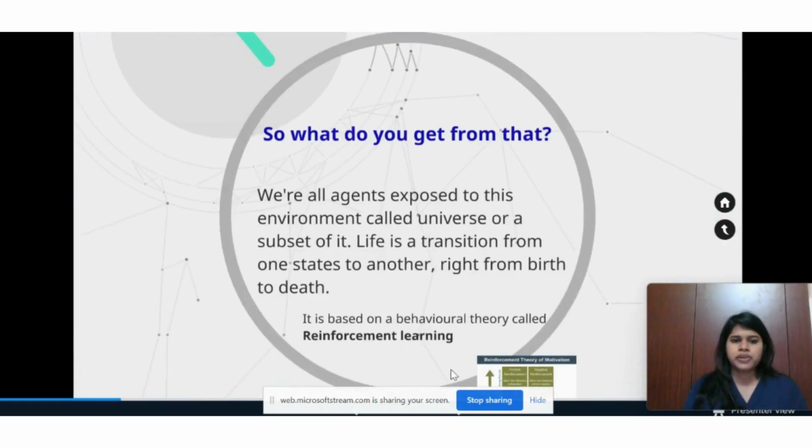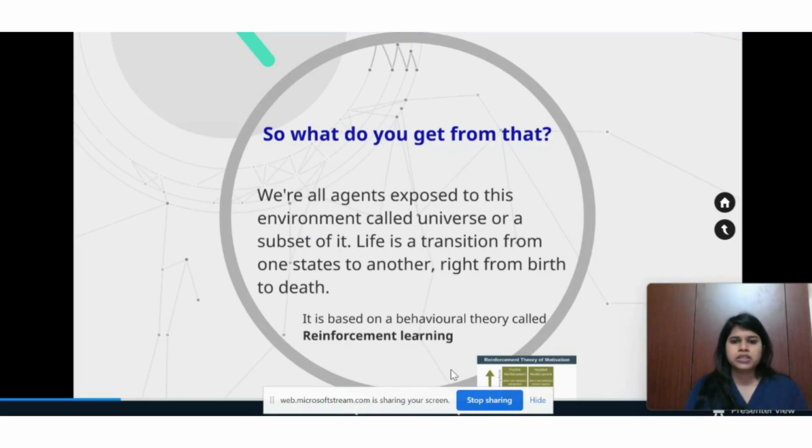So from this, what do you get? It is understood that reinforcement learning is actually mimicking a human's life, understanding something from the environment, keeping it in memory, and doing it again or refraining from doing it. Similarly, human beings do some actions based on the rewards or the punishments they get, right?